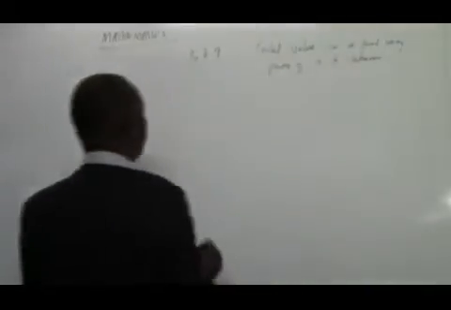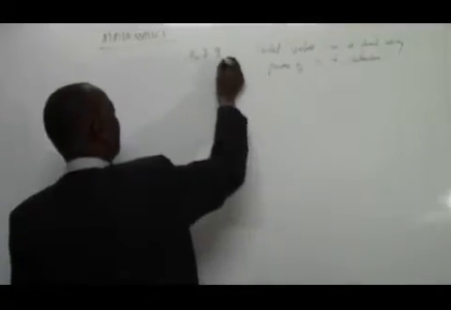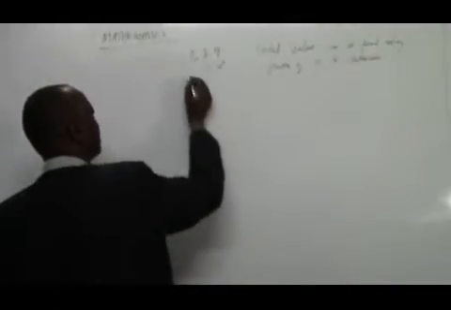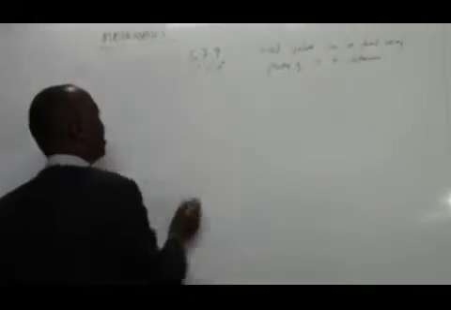So for instance here, for 9, we start with 10 to the power of 0, which are ones, 10 to the power of 1, which are tens, and 10 to the power of 2, which are hundreds.